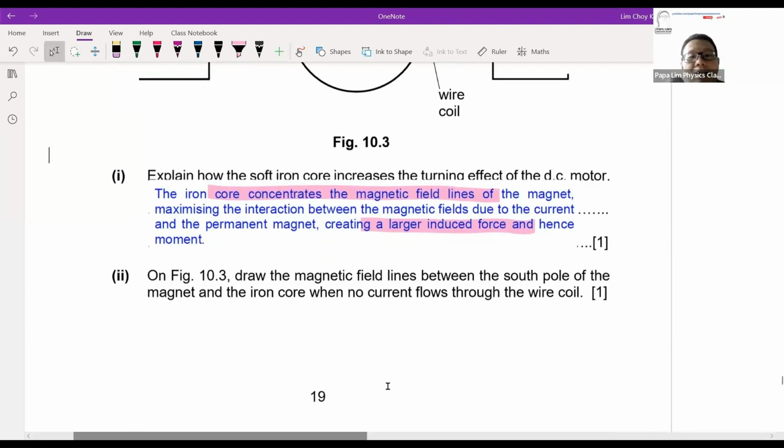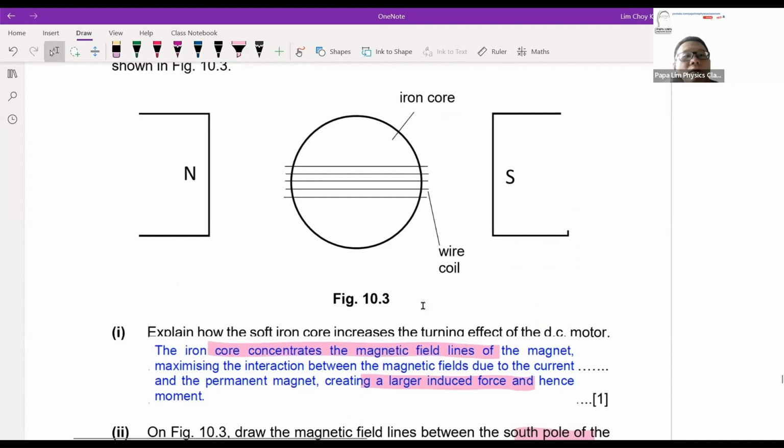State how to draw the magnetic field lines between the south pole of the magnet and the iron core. One thing to note for the iron core is that there will be induced poles. For example, since I have a north pole on the left side, I will have an induced south pole on the left side of the iron core, and conveniently, I also have an induced north pole on the right side of the iron core, which tallies with the south pole of the magnet.